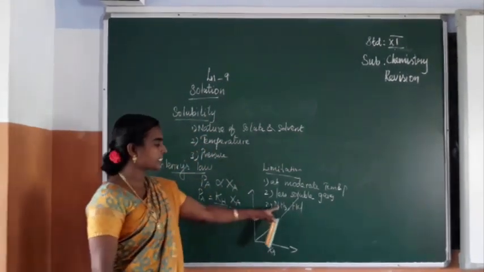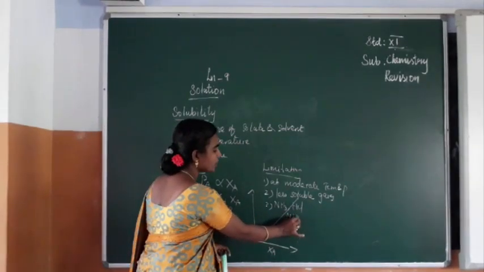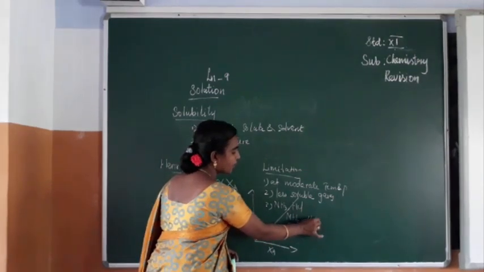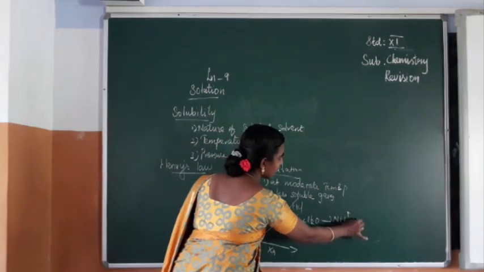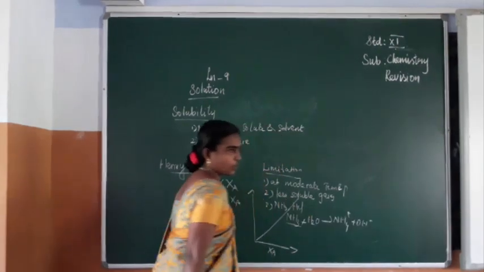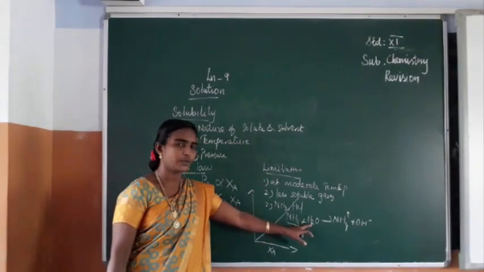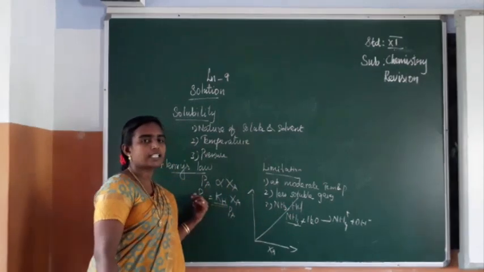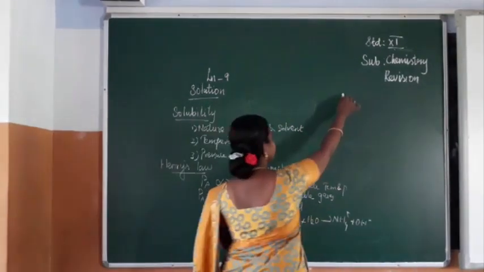These gases can dissolve in water easily. For example, NH3 is a solute. When it is dissolved in the solvent water, it can be ionized into NH4 plus and OH minus. So like this, the gases which can dissolve in a solvent like water cannot obey Henry's law. So these are the explanations for this law.